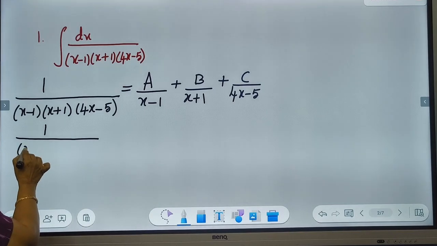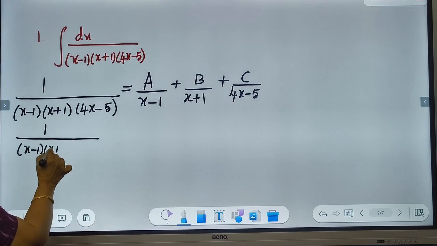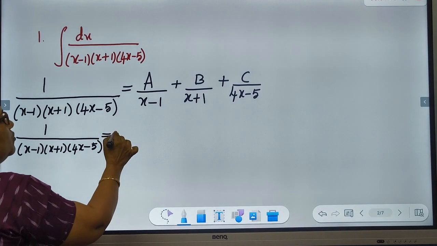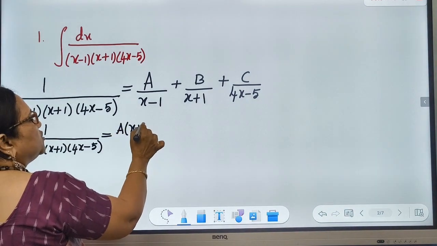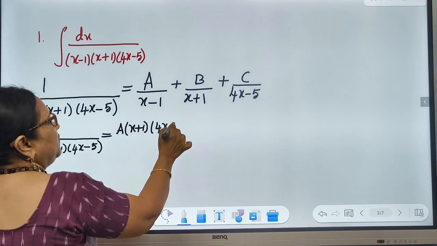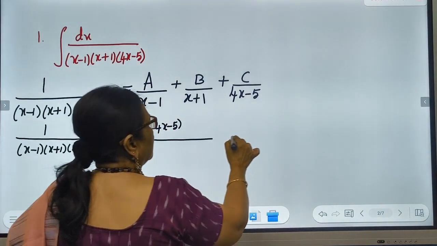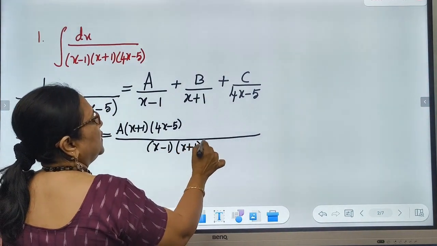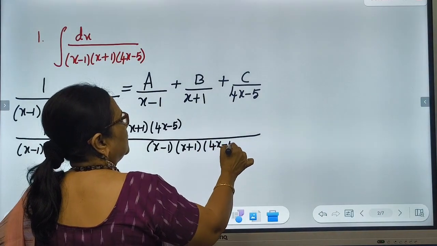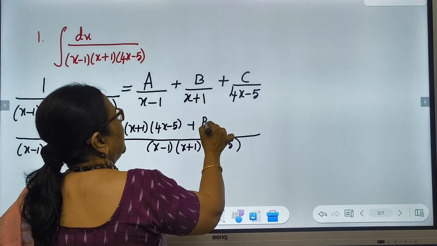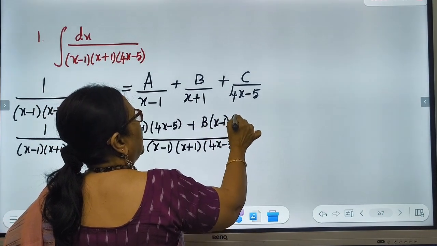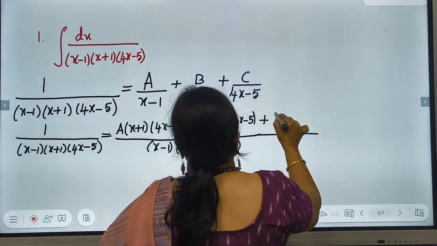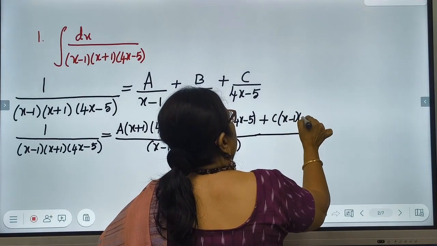So 1 by (x minus 1)(x plus 1)(4x minus 5) equals A into (x plus 1)(4x minus 5), I am taking the LCM as (x minus 1)(x plus 1)(4x minus 5), plus B into (x minus 1)(4x minus 5), plus C into (x minus 1)(x plus 1).